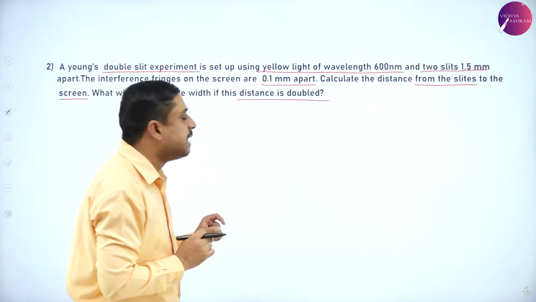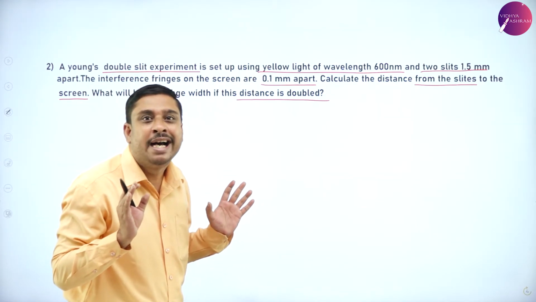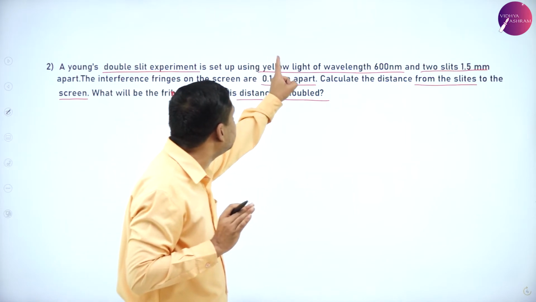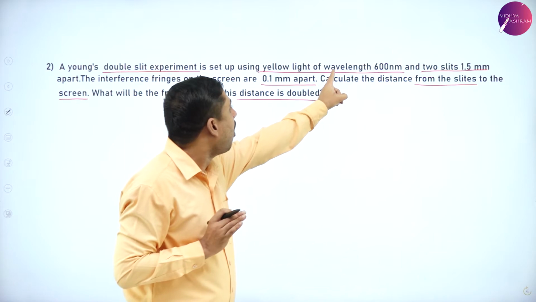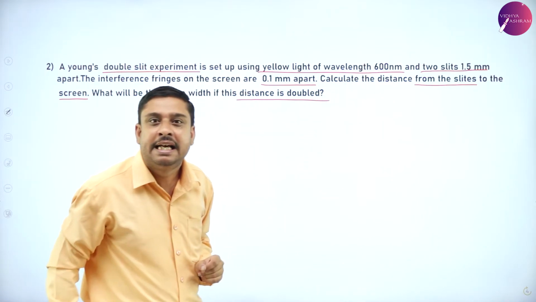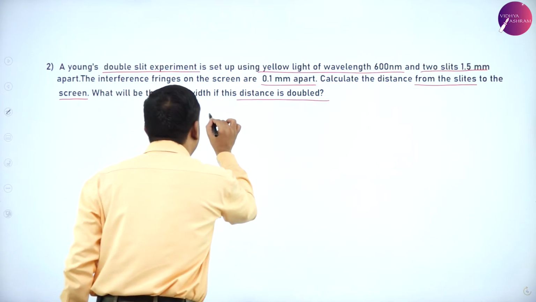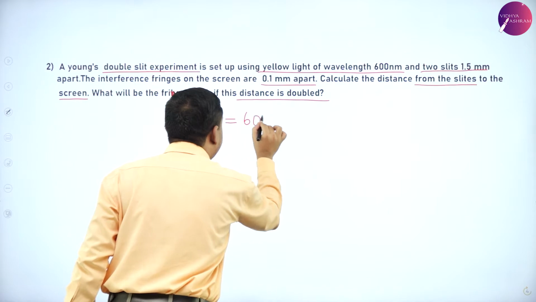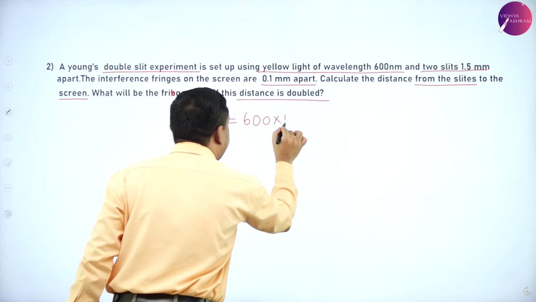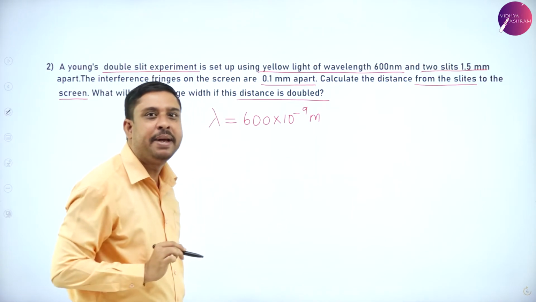In Young's double slit experiment, yellow light of wavelength 600 nanometer is used. So lambda is again 600 into 10 power minus 9 meter.